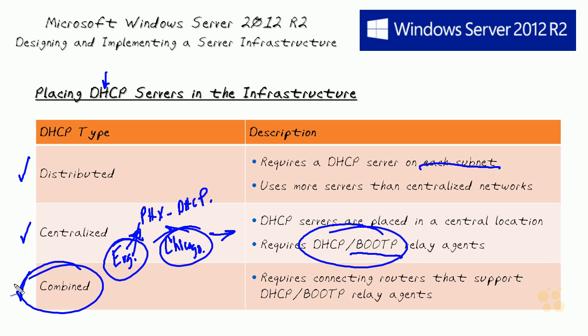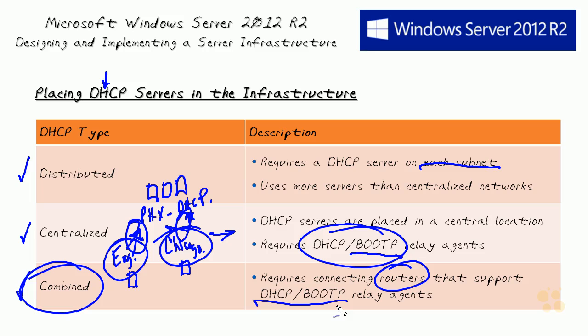So each WAN location would have maybe one or more of the DHCP servers, and then of course the larger location, if Phoenix has more people, you can add more. This gives you centralized management of the DHCP servers, but you don't have to worry about these WAN links going down. And of course, remember that any routers that are connecting must have DHCP BootP relay agents in place.